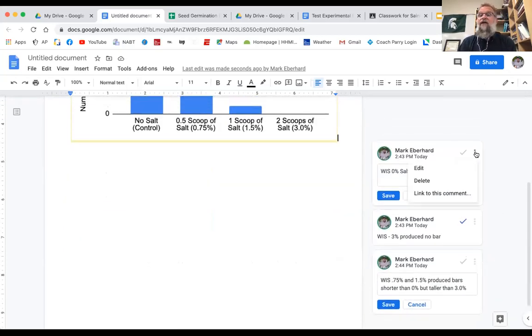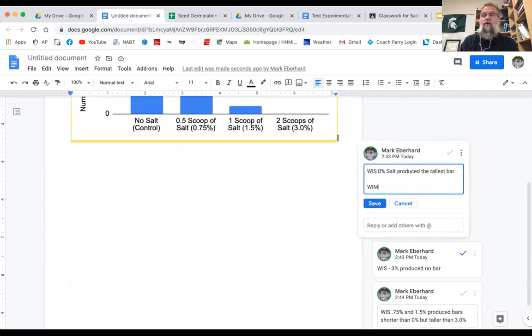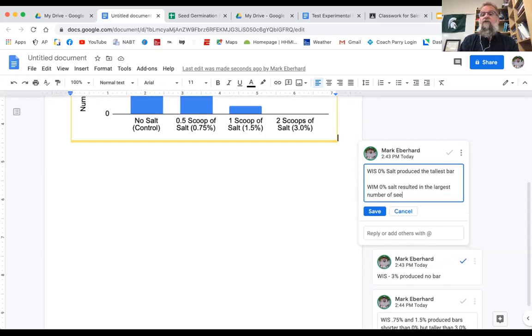I can either come back in and just edit it and come down, and now I'm going to add the whim. And so the whim, what does it mean that the 0% produced the tallest bar? This means 0% salt resulted in the largest number of seeds germinated.